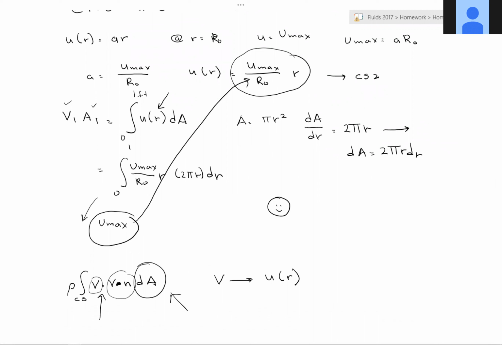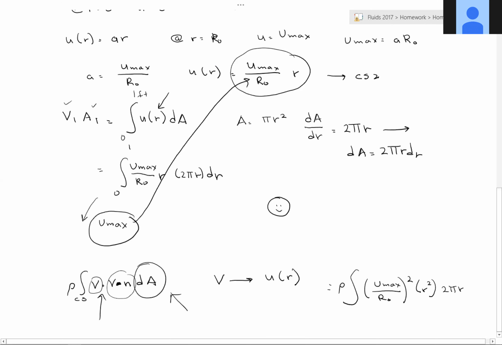So really what it's going to be is rho, and then U max divided by R0, squared, r squared, and then our 2 pi r dr, and the entire thing is integrated over that.